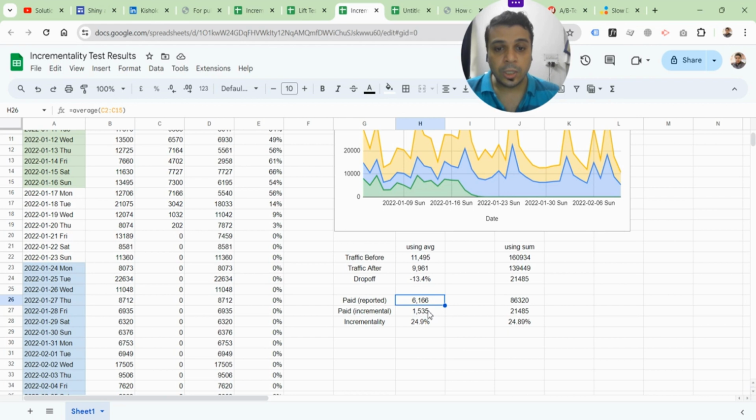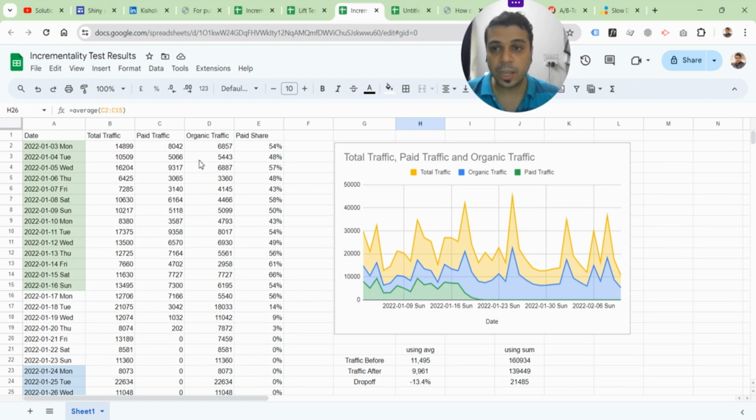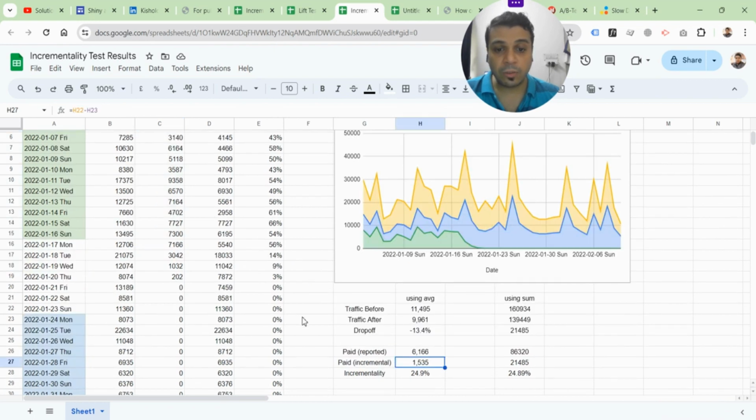So this then is the way you actually measure incrementality, because you're trying to understand the average. Okay, so you're trying to understand how much reported paid traffic there was. So you're saying that on an average in this period, this was your paid traffic. And on an average, this is the incremental effect, which is where you're just subtracting the H22 and H23, as you can see here.